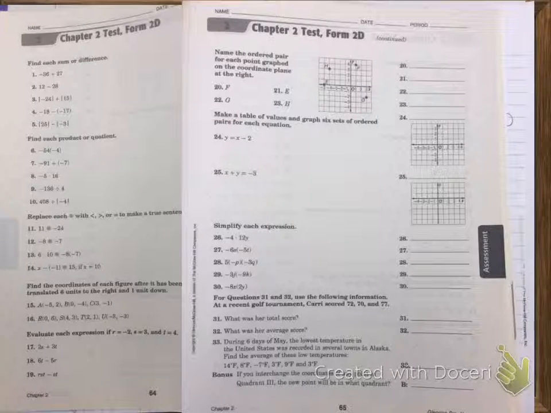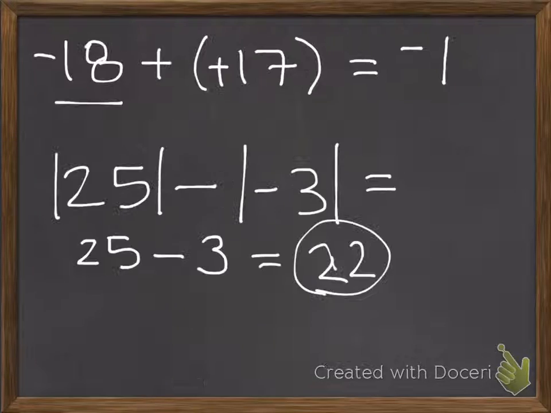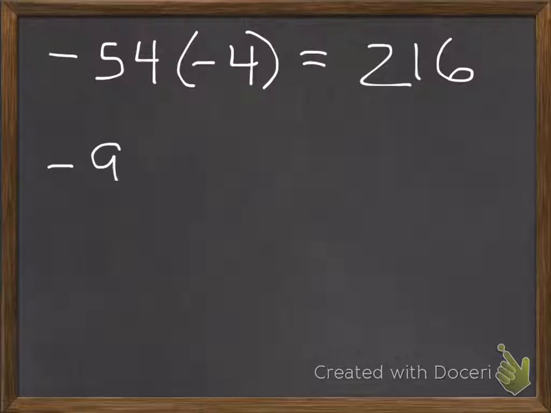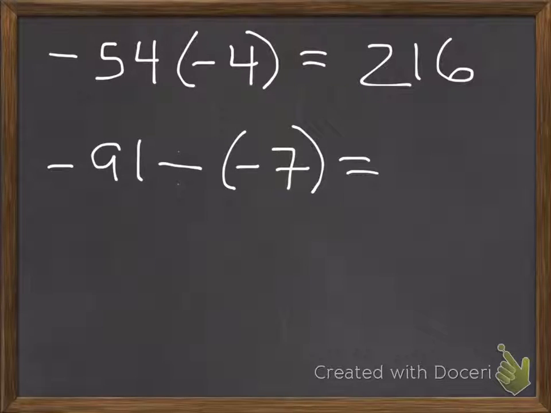Next one, negative 91 divided by negative 7. Again, these are both negative, so we're going to divide 91 divided by 7, which gives us 13, and since they're both negative, my answer is going to be a positive 13.